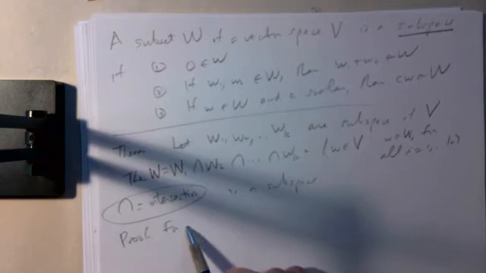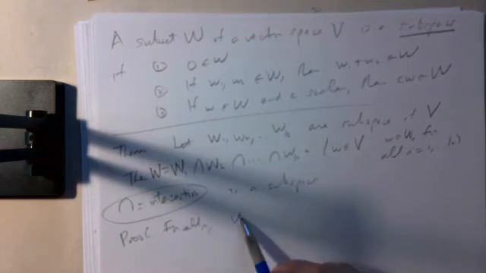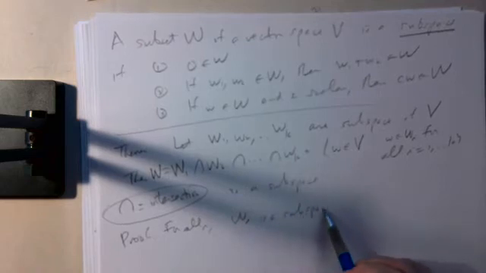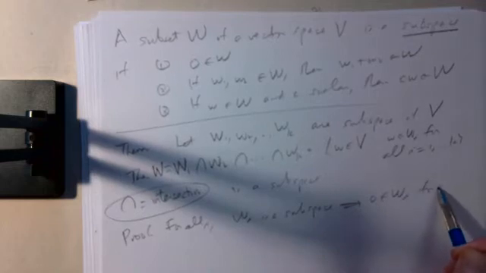And how does the proof go? So for all i, Wi is a subspace. So 0 is in Wi for all i, which means 0 is in the intersection of all the Wi's, which is W. So this argument proves that W contains the 0 vector.